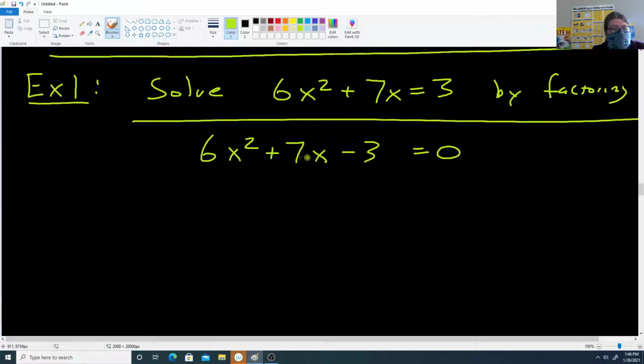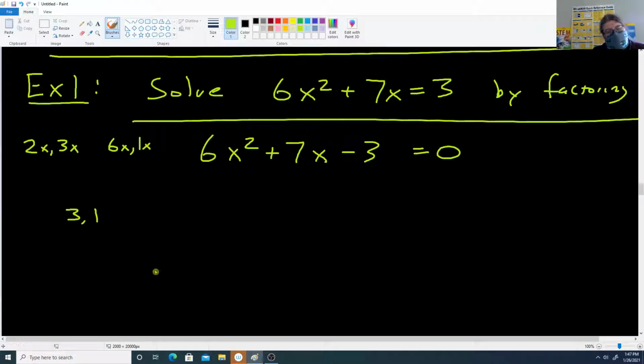Then I'm going to write out all the different ways I can make a 6x squared, so either a 2x and a 3x, or a 6x and a 1x. And I'm going to write out all the different ways I can make 3, so I can make a 3 and a 1.